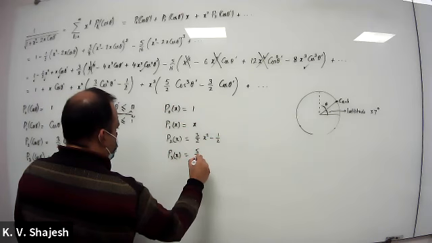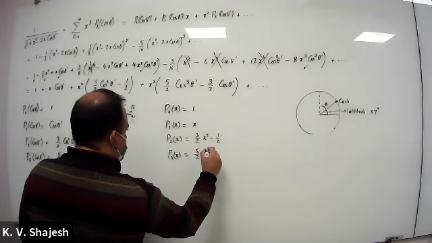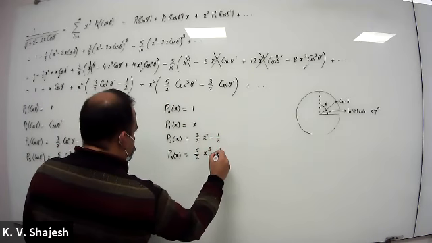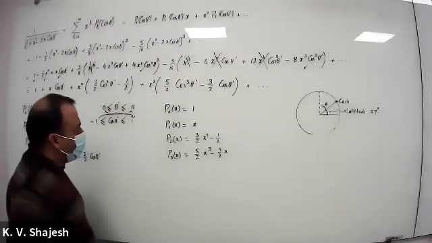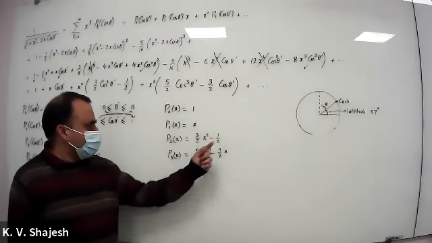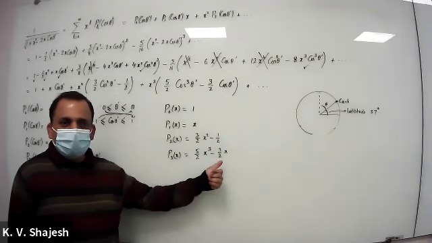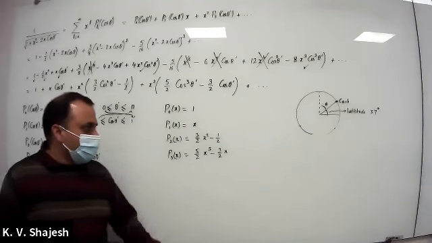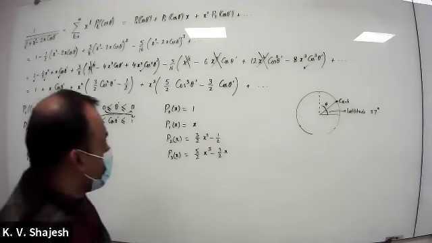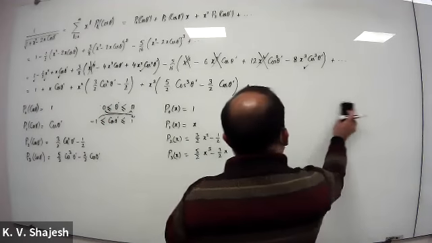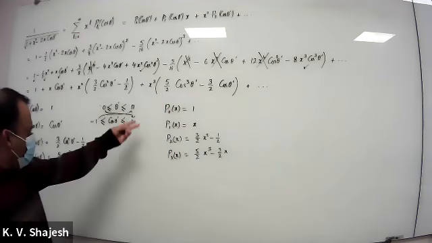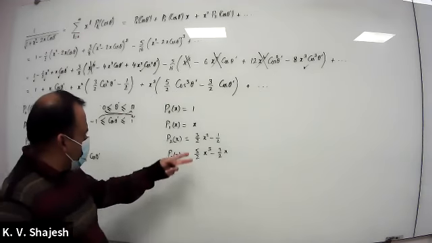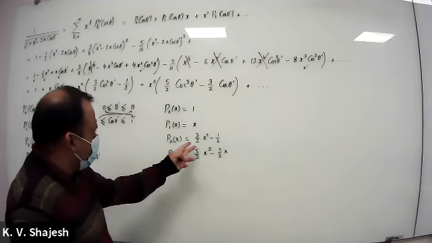5 by 2 x cubed minus 3 by 2 x. Notice there is a finite limit on the power of x, so that's why they're called polynomials. They don't go as an infinite series. The pattern is not very obvious here.